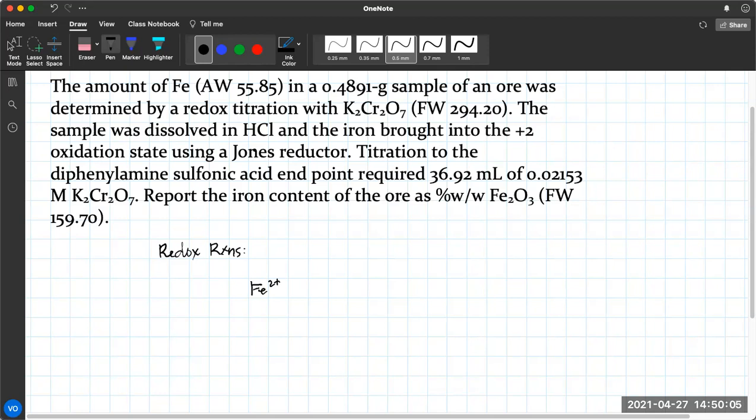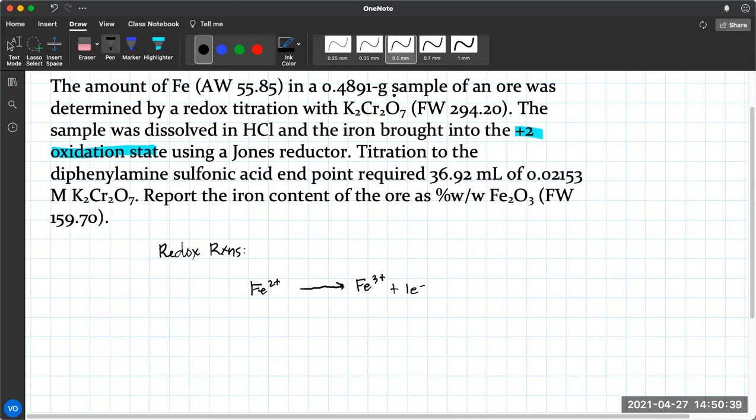According to the problem, all the iron is brought to the +2 oxidation state. So you're going to start with iron 2+ and it will be converted to iron 3+. To balance the charge, add 1 electron.